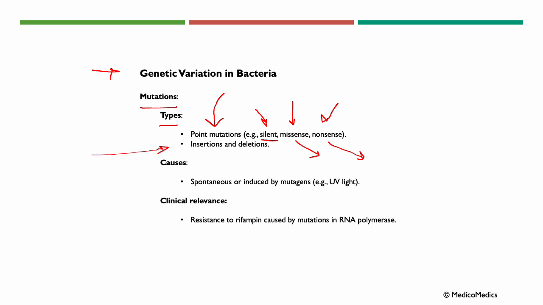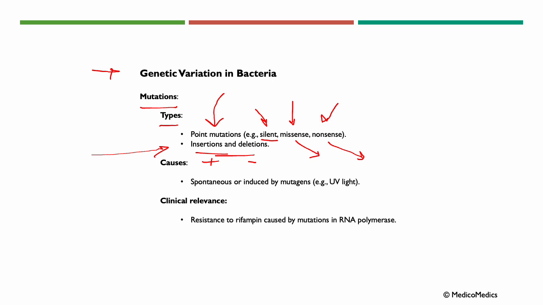And then we have insertions and deletions. Insertion essentially means addition. You're adding something, right? And deletion is removal, so removing something. So it's either an addition, an insertion, or a removal, a deletion, of nucleotides.